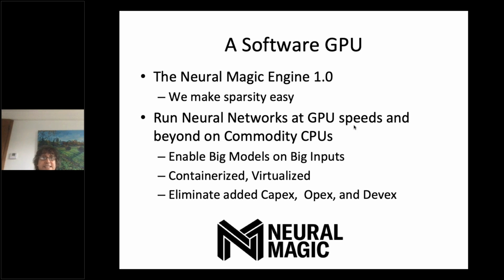It's software, so it's containerized, virtualized, move it anywhere you want. We don't care what you're running on. You don't need to know what you're running on, okay? And it eliminates all this added CapEx, OpEx, and DevEx of having special hardware in your data center, special hardware on the cloud. All this can go away because it's just software.